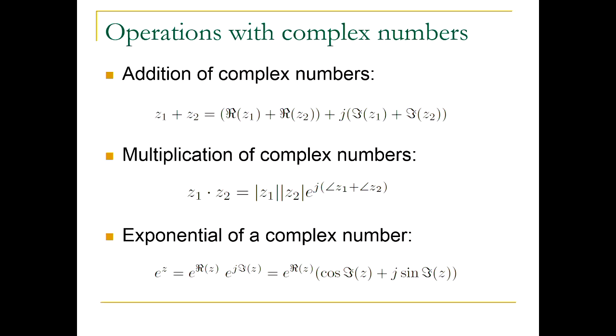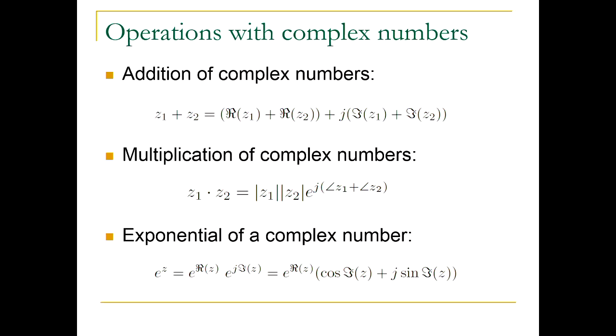Well, we add their real parts and we add their imaginary parts. Right. So that's how we do addition. Here, multiplication is presented in polar coordinates because it's simpler. So the magnitude of the product would be the product of the magnitudes of the two numbers, and the phase of the product will be the sum of the phases.